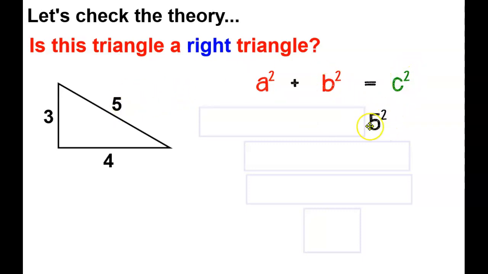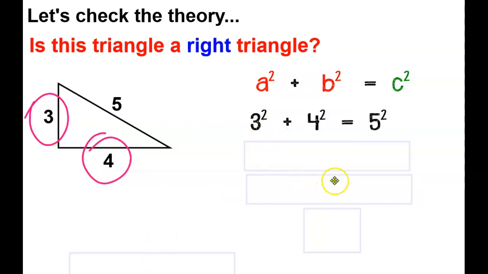Don't forget, that says C squared. Now what I'm going to do is take away the letter A and take away the letter B and replace it with these 2 values in any order. It doesn't matter who goes first. I guess I'll just go from least to greatest. So I'll put the 3, then I'll put the 4.